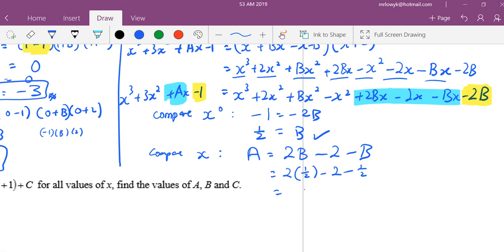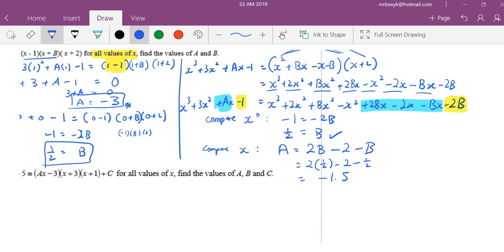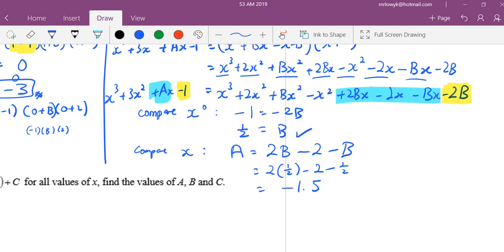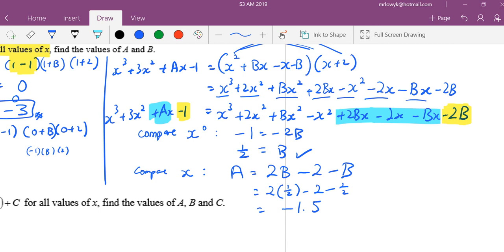Oh, must be the same as the two answer. A is negative 3, right? Where did I do wrong? Where do I do wrong? That's bad. 1 minus 2 minus half.